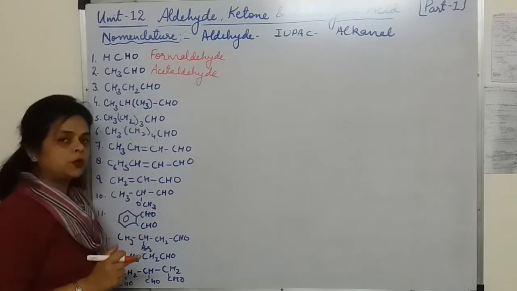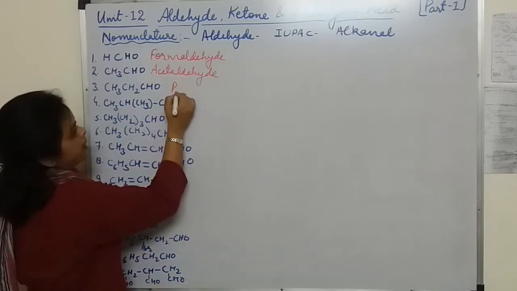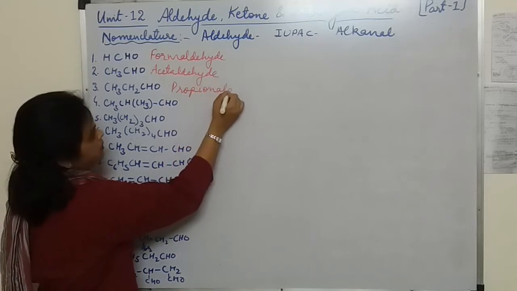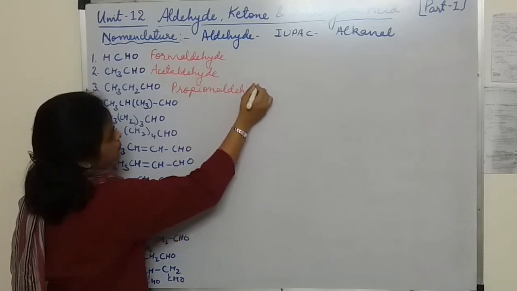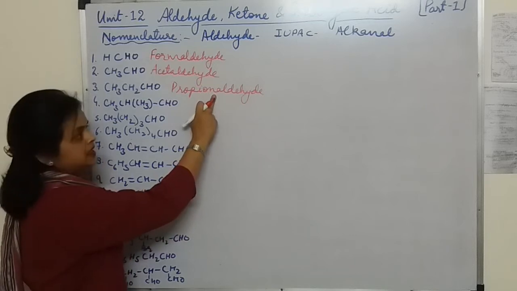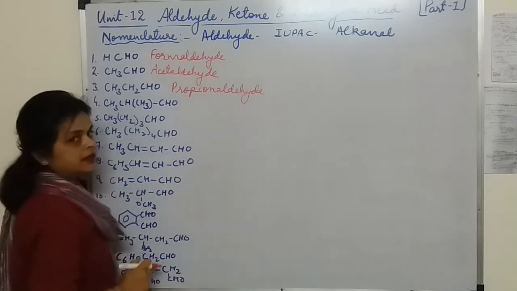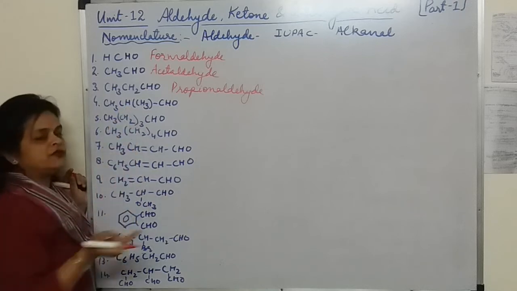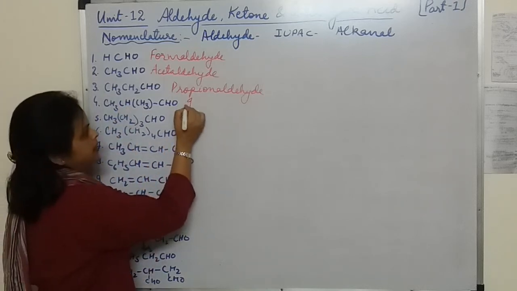The 3-carbon acid was propionic acid, so it will be propionaldehyde. Propionic acid, instead of ic acid we have added the word aldehyde. Now it was isobutyric acid, so it will become isobutyraldehyde.